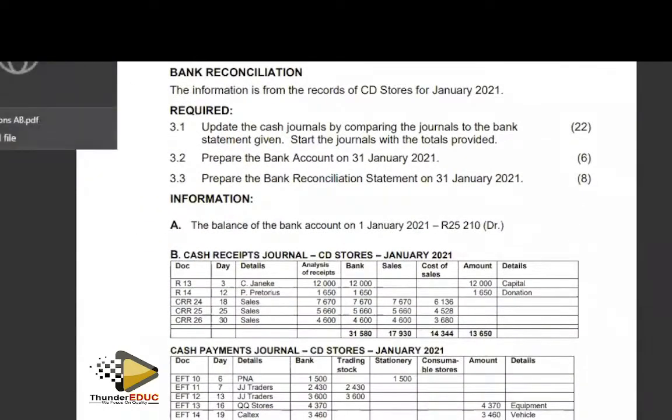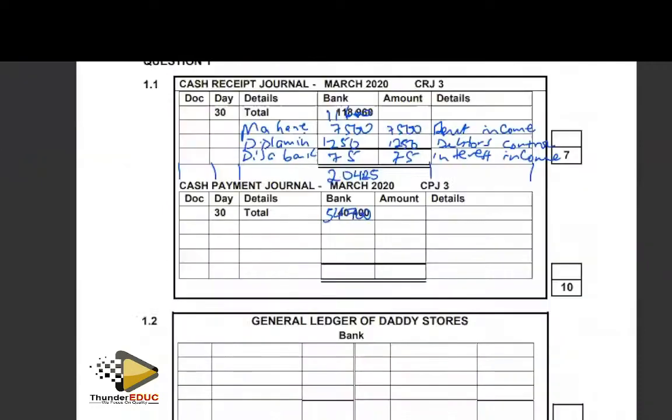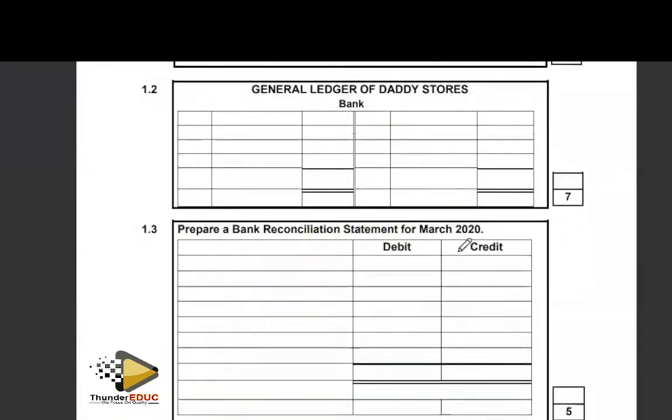Remember, the bank reconciliation statement is a continuation of this bank statement. The BRS is the continuation of your banker statement, which you got from the bank, okay?